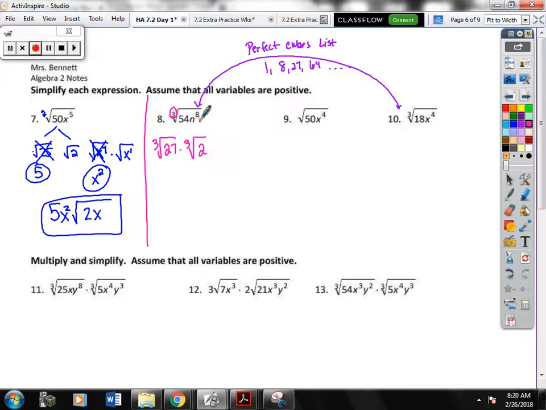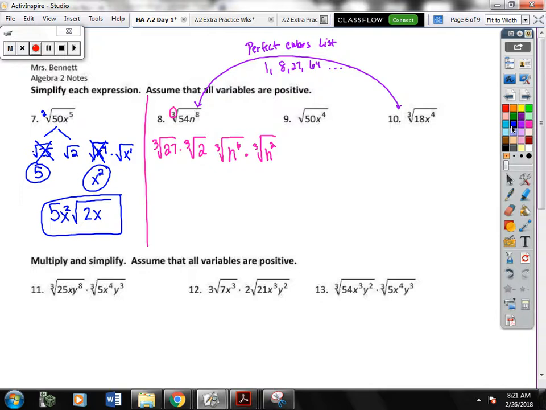Now, whenever I break the n to the 8th, again, I want to pick the largest number that's actually divisible by 3. So 8's not divisible by 3, 7's not divisible by 3, 6 is divisible by 3. So I break this into the cube root of n to the 6th power, and then I just subtract those. 8 minus 6 gets me n to the 2nd that I'm left with. So that I double check, 6 plus 2 gets me back to my 8.